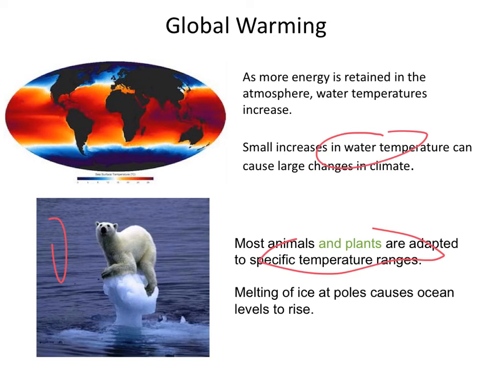And then, of course, global warming causes ice at the poles and in glaciers to melt, which runs into the oceans. So here's Antarctica, it's melting. It ends up adding water to the oceans and the sea level rises.